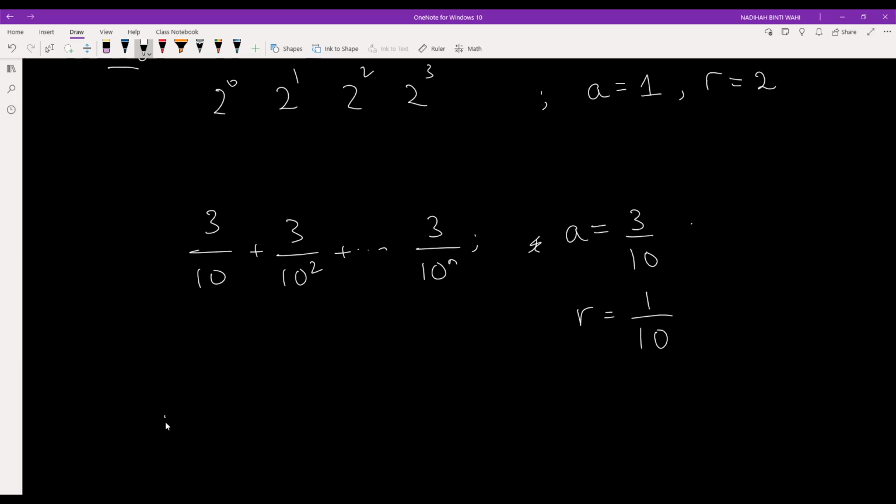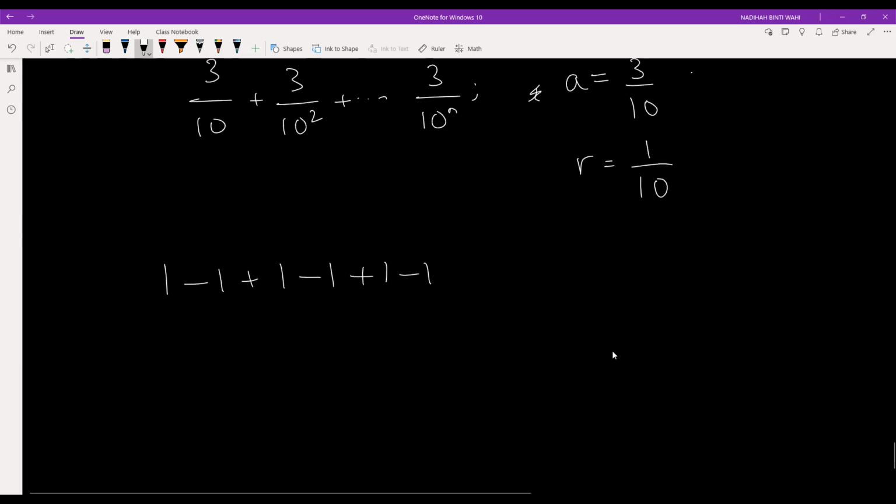How about this one? 1 minus 1 plus 1 minus 1 plus 1 minus 1. Let's look at the formula for that. This is an alternating series, alternating sequence. It looks something like (-1) to the power of k plus 1.